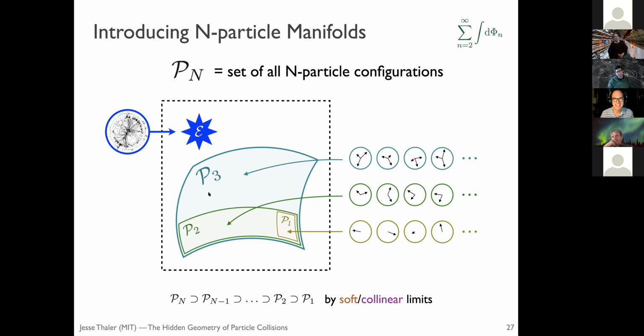I can define balls, I can define regions, but I don't know how to define the volume of that region. If I have a region that's close to an n particle manifold, then I can use that to figure out the relevant local measure for an integration, but I don't know how to sew those things together in a consistent way.